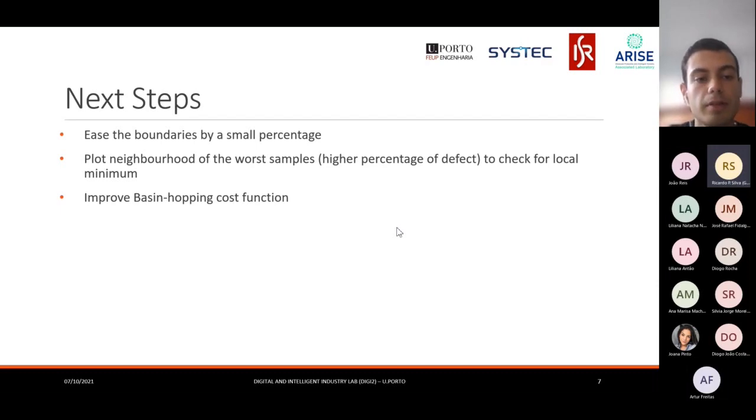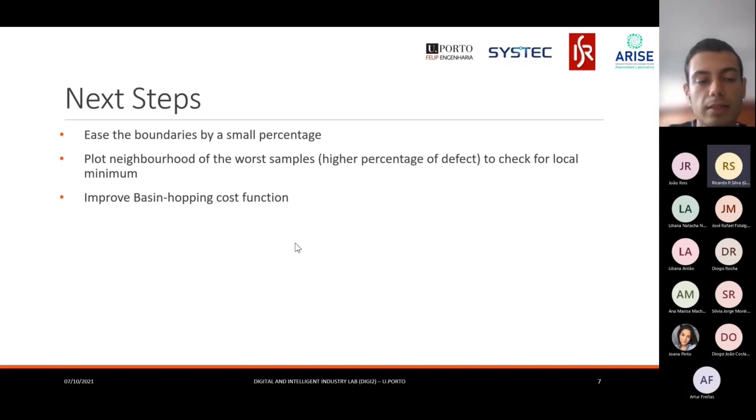We could also plot the neighborhood of the worst samples to check for a local minimum. That is, we could select the worst samples, like the 5 worst samples, generate the neighborhood around them, calculate the cost function for those in this neighborhood, and then plot it and see how it behaves in the vicinity of the sample, to check if there is a local minimum, or if there is no local minimum and it is not further improvable, let's say.